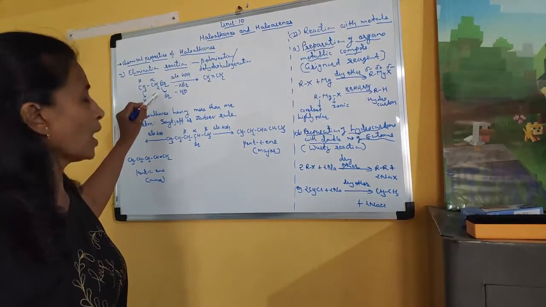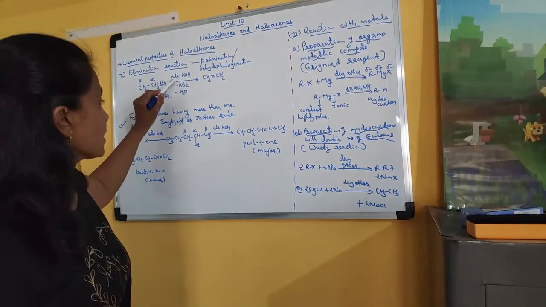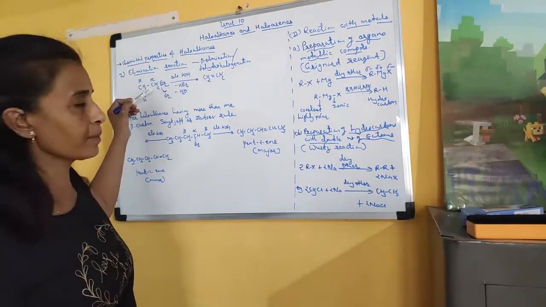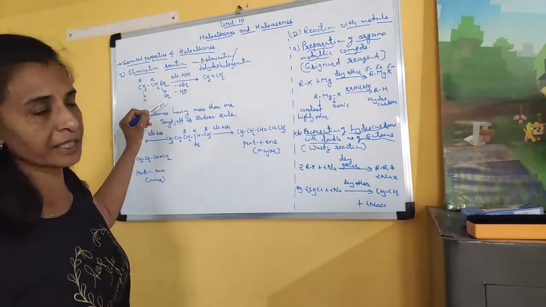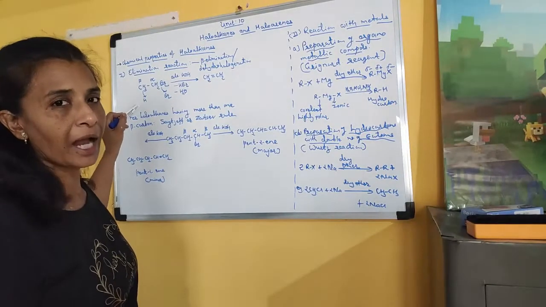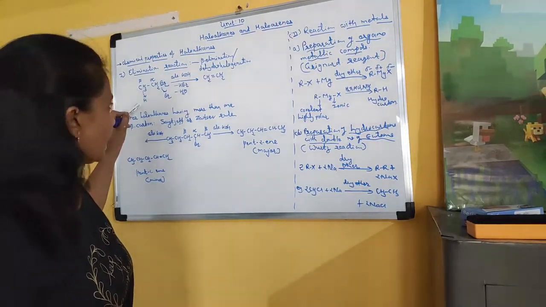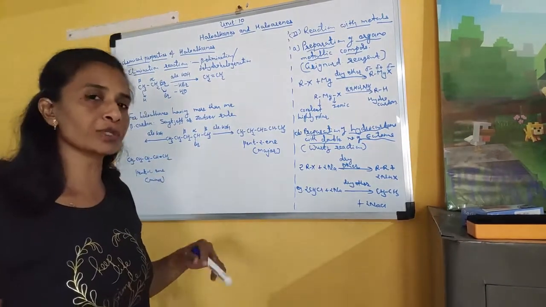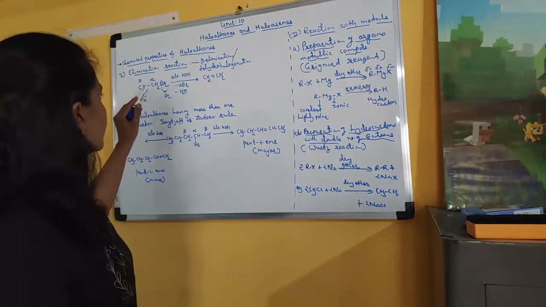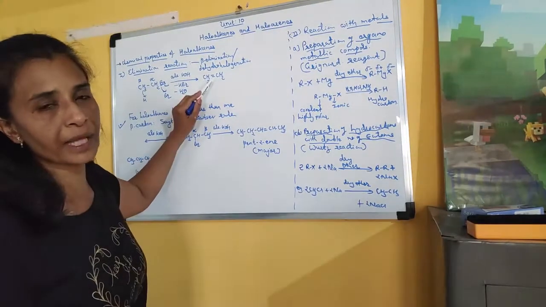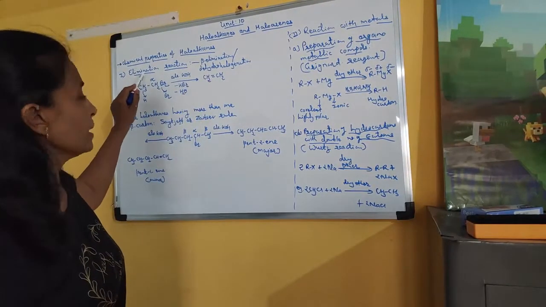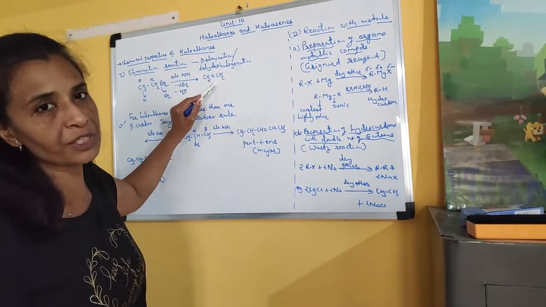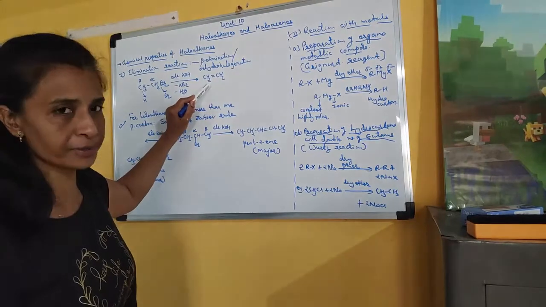So when haloalkane is reacted with alcoholic KOH, then from alpha carbon halogen is eliminated, and from beta carbon hydrogen is eliminated. And that is why, in order to satisfy the valency of both alpha and beta carbon, a double bond is formed between them. It means that by elimination reaction of haloalkane, we get alkene, which is an unsaturated compound.